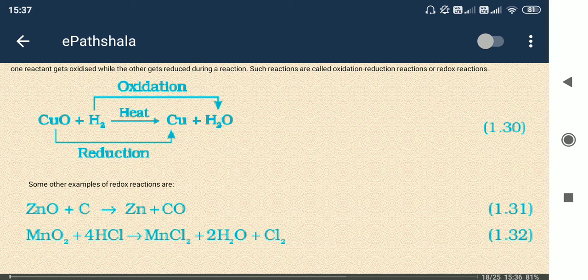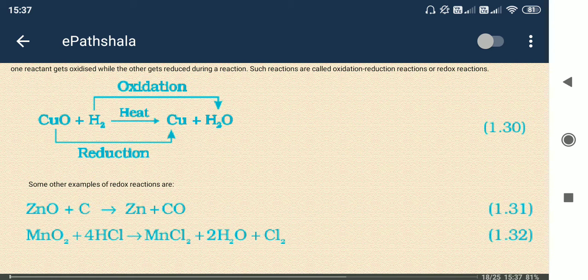Here, MnO2 plus HCl forms MnCl2 plus H2O plus Cl2. Oxygen is released from MnO2, and oxygen released means reduction. HCl, hydrochloric acid, is releasing hydrogen, and releasing hydrogen means oxidation, it is oxidized to form chlorine, Cl2.